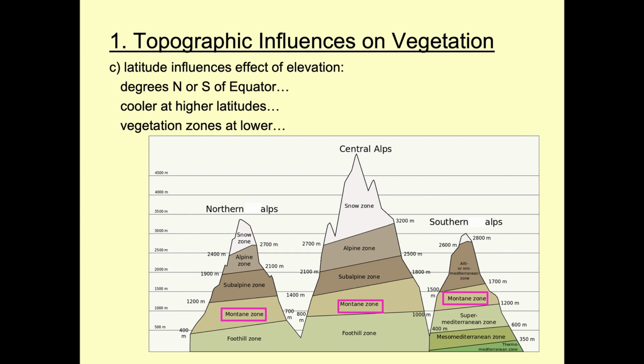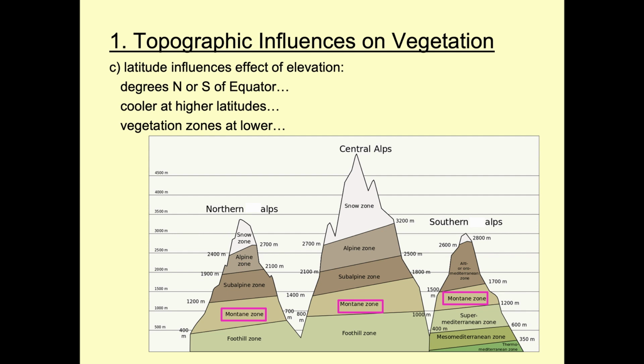And we've been talking a ton about elevation as well. So I'm going to use this example here, looking at a northern portion of the Alps, a central portion of the Alps, and then a southern portion of the Alps. So the Alps are still in the northern hemisphere, so the southern Alps are going to be closer to the equator. The northern Alps are going to be further away from the equator.